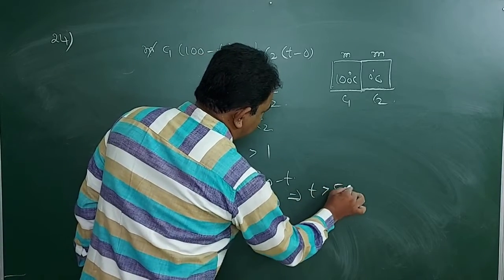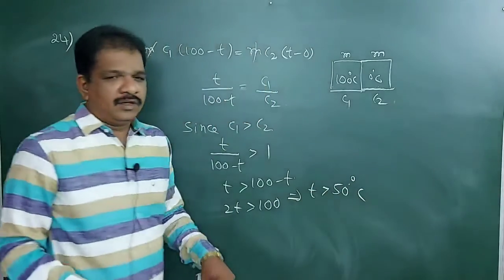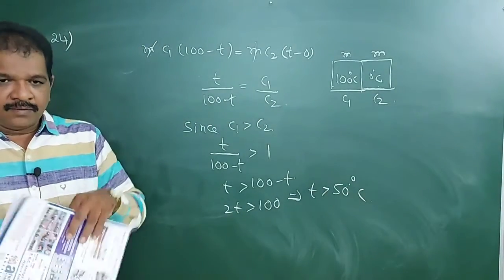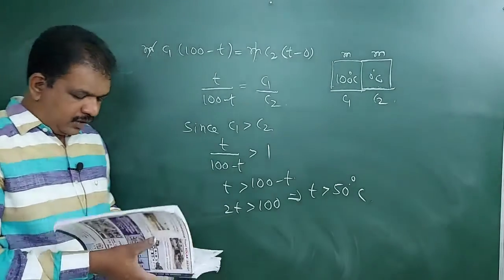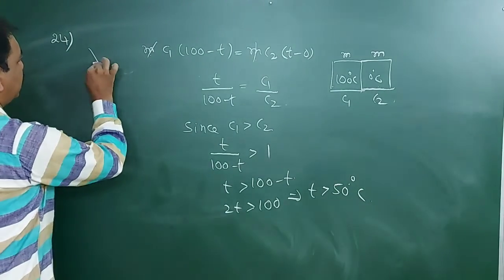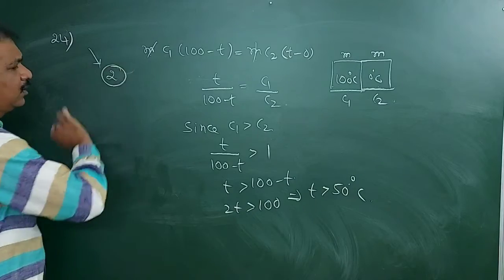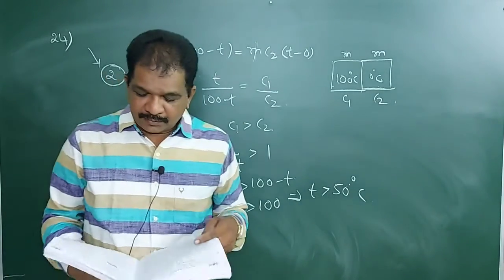So T is greater than 50 degrees centigrade. So the option for this will be more than 50 degrees centigrade, 24. It will be the second option.